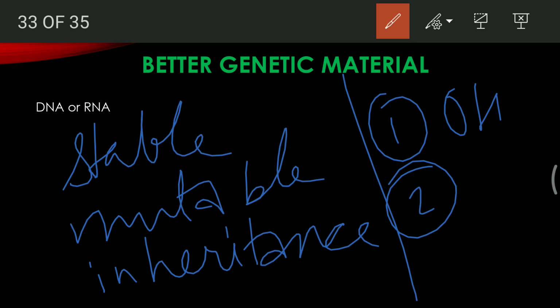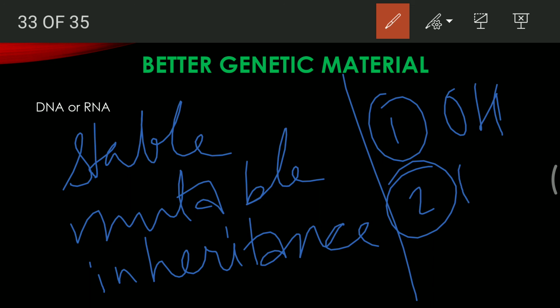The second important thing is the presence of uracil. Uracil is present in RNA, and it is formed by deamination of cytosine. And you should remember that wherever there is more thymine, more stability is there.